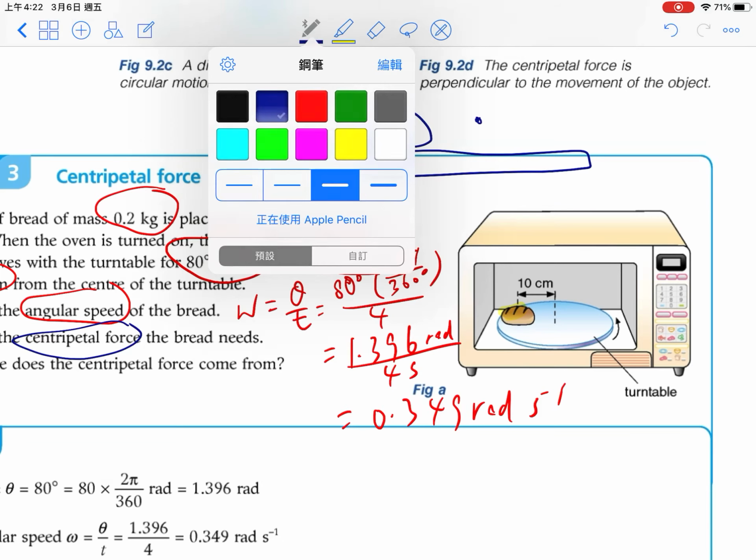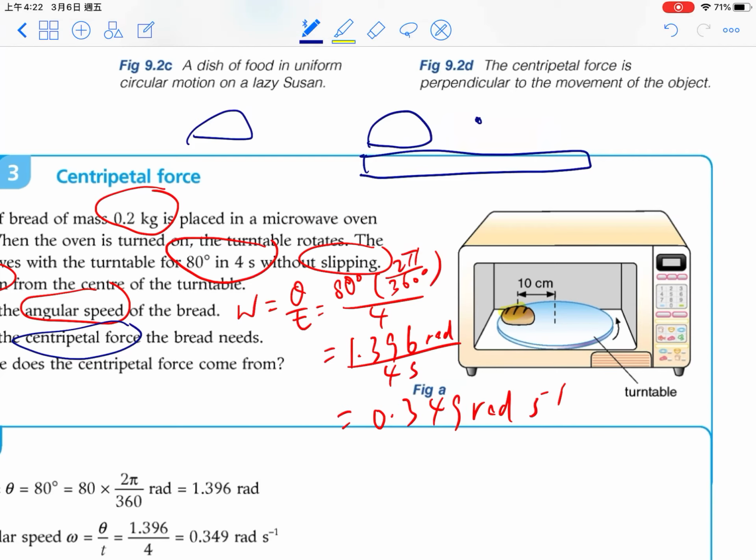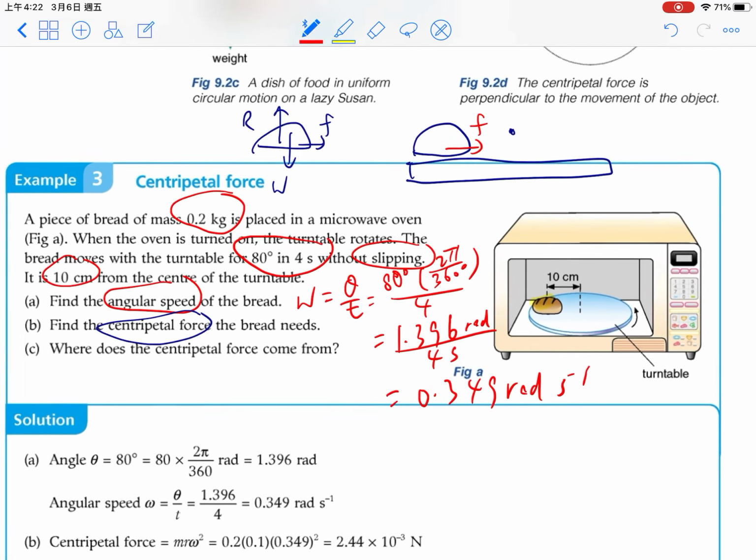If you draw the free-body diagram of the bead, how many forces act on it? Normal force, weight, and also friction. Friction will be in this direction. Without friction, the bead will slide away from the turntable. So the friction makes the bead move in a circle. Friction gives the centripetal force.